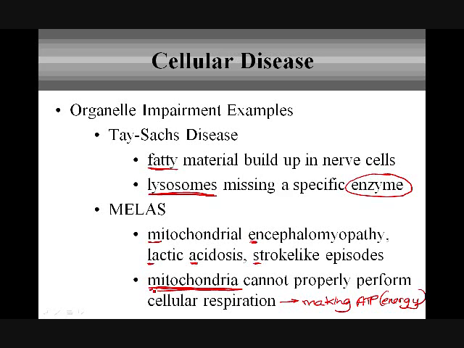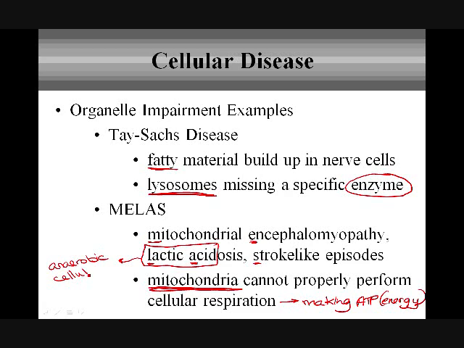In this case, there is going to be a lactic acid buildup, hence the lactic acidosis, and perhaps something is ringing a bell about anaerobic cellular respiration for you guys.